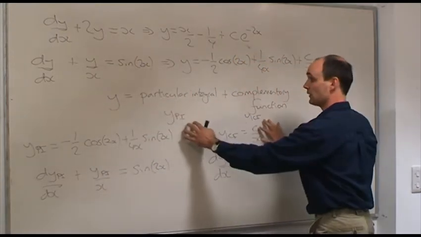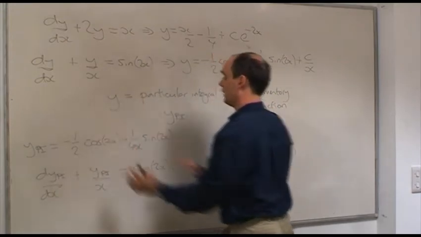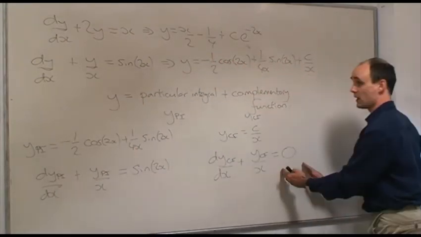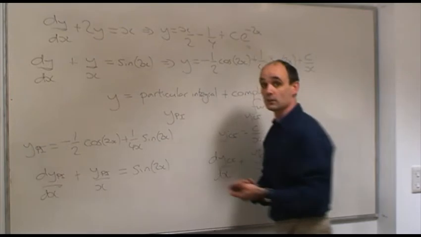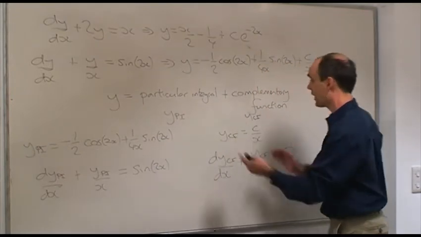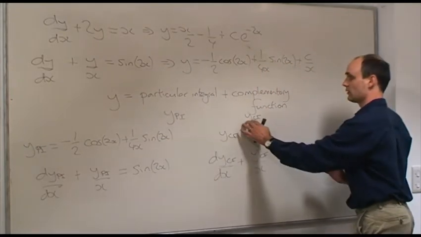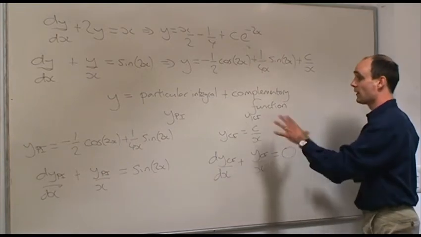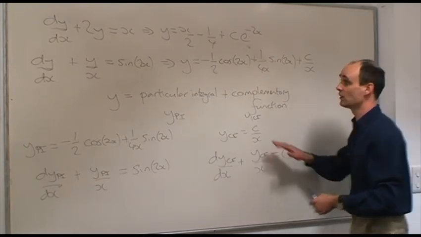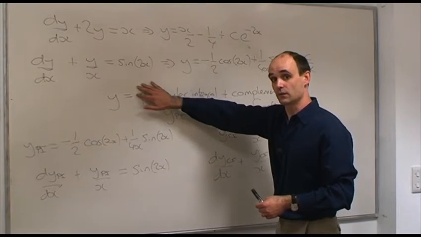So when you've added these two things together, you get sine of 2x plus 0, which is, of course, equal to sine of 2x. So that means if you add your particular integral and complementary function together, then this is always going to be a solution of the differential equation you first thought of.